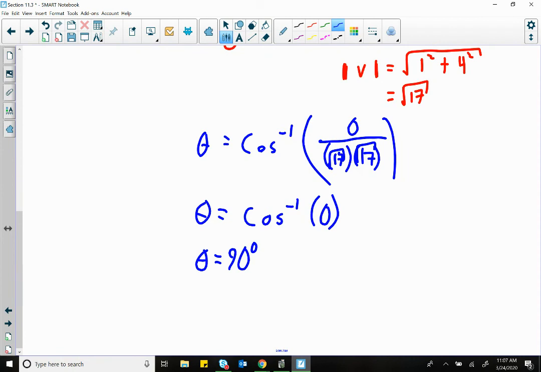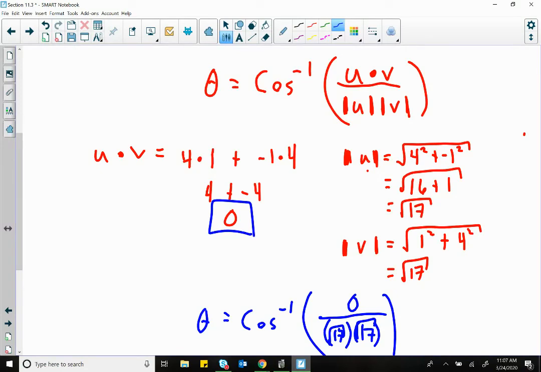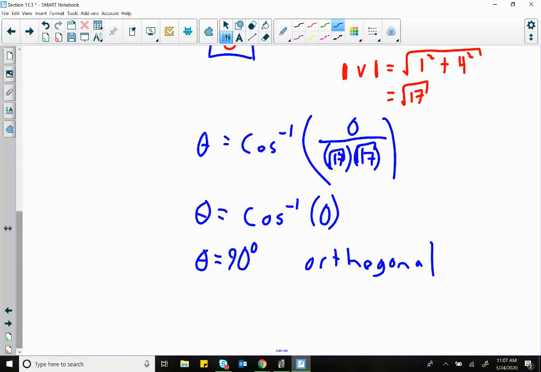So there is a vocabulary word called orthogonal. And these 2 vectors are orthogonal. Okay? Whenever you have a dot product that equals 0, that means the vectors are orthogonal.